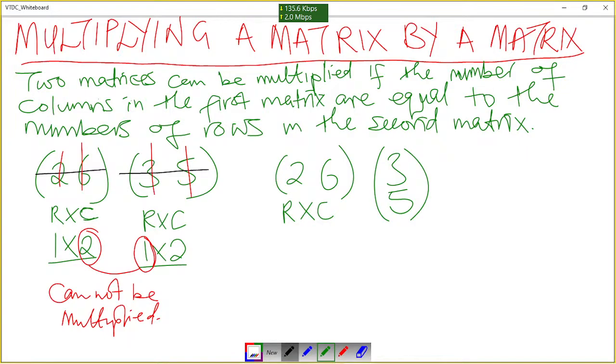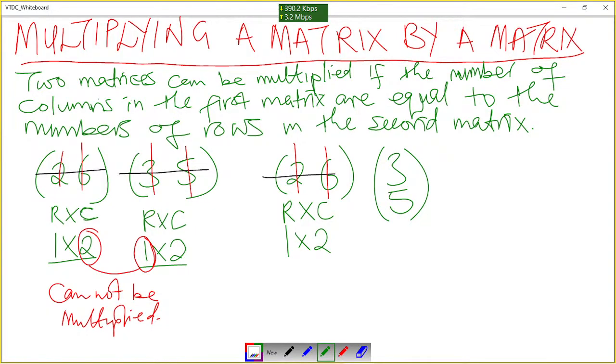How many rows does this matrix have? It has got one row by how many columns? We can see that there are two columns. So the order of this matrix is 1 by 2.